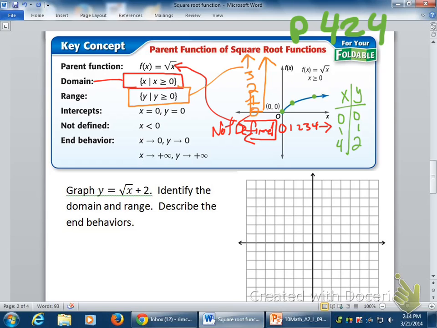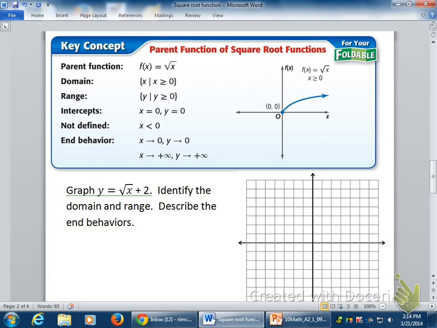Okay? We're not going to mess with the intercepts much, but I do want to talk about the end behavior. I'm going to clear all this off. Just glancing at this graph right here, yesterday we were talking about the end behavior. We'll start with the positive x's because it makes the most sense.